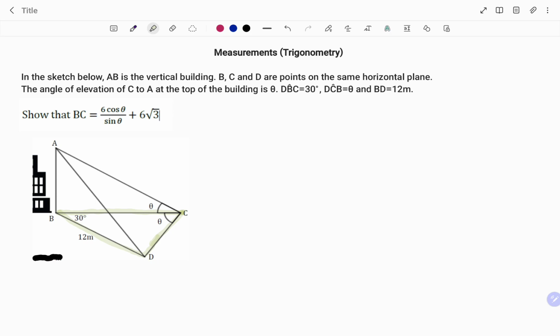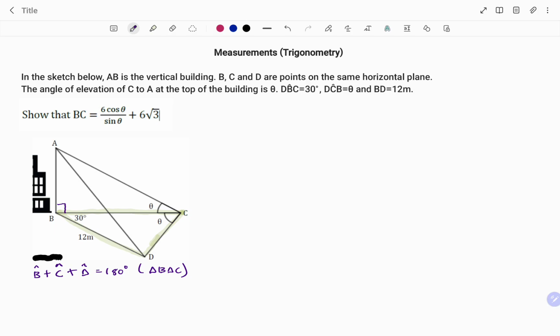Before we do that, we're going to start by looking for the angle at D. Remember, the vertical line AB is going to form 90 degrees to the horizontal, but if you're using triangle BCD, the angle at B plus the angle at C plus the angle at D equals 180 degrees, the sum of angles in a triangle BDC.